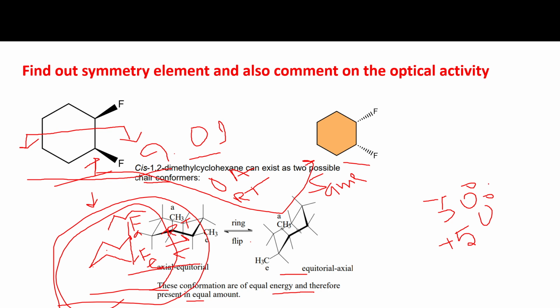So if the overall net rotation is 0, the molecule is not chiral. Overall the molecule behaves as achiral because these two conformers cannot be separated out.